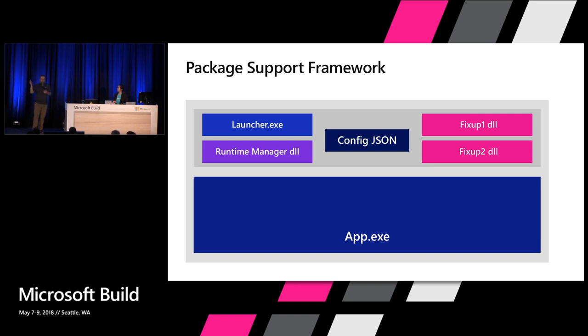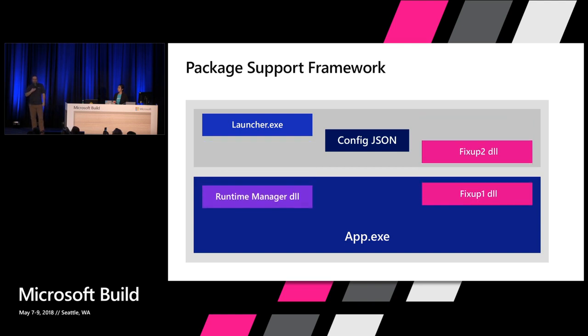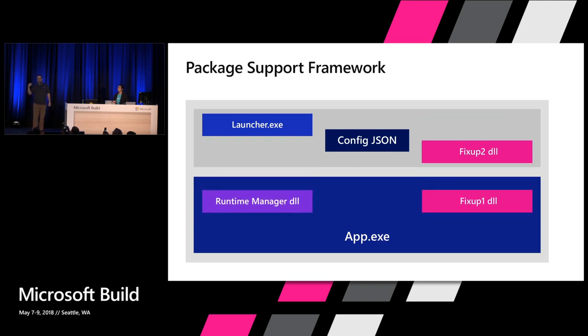And we'll look at that file in just a minute. Based on this configuration file, we can now inject a specific fix-up in the shape of a DLL into the application process, as well as our runtime manager DLL.